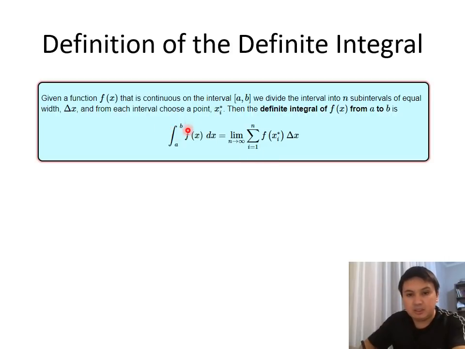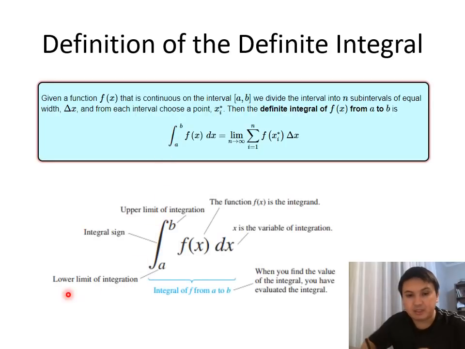This symbol is called the integration symbol. The lower limit is a and b is the upper limit. This is an S-looking symbol. You remember the Riemann sum used the sigma notation coming from the Greek alphabet, which also stands for S, the sum.